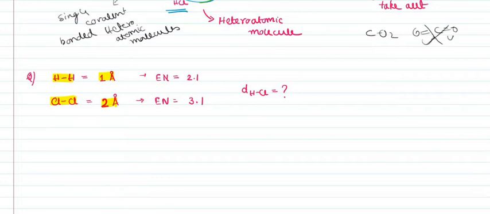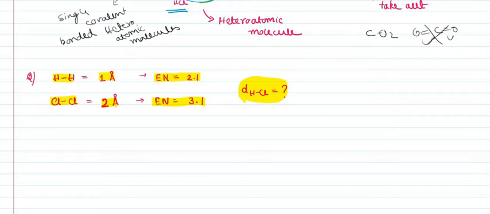Okay, we have taken a picture of hydrogen molecule. This is the distance we have come out. We have taken a picture of chlorine molecule. We have distance to come out. We have calculated the electronegativity. Okay, electronegativity of hydrogen is 2.1, electronegativity of chlorine is 3.1, and we have to take out the distance between the HCl molecule. How we will do?